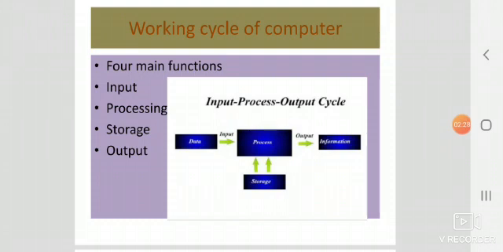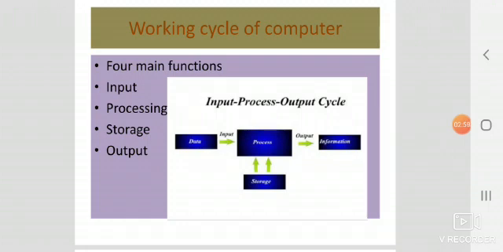A computer needs some data, which may be facts or figures, to carry out its functions. This data is called the input. Then it processes this input, that is, it does the calculations needed on it. After that, it stores the information in its memory. Finally, it displays the result. This result is called the output.